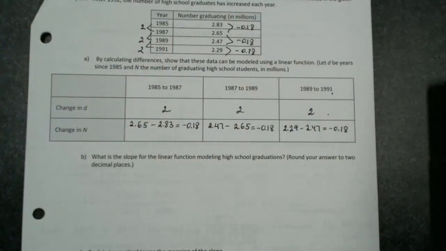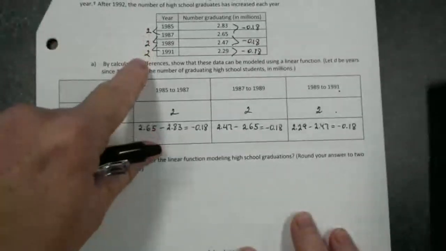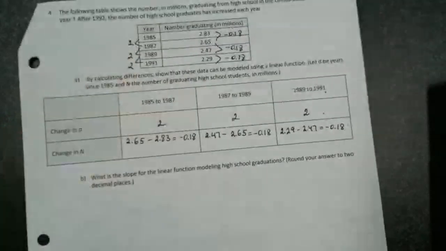But I teach you using the average rate of change, and I will show you why, because sometimes here it won't be by the same number difference. And in this case, this method will not work, but average rate of change will work all the time. Okay?